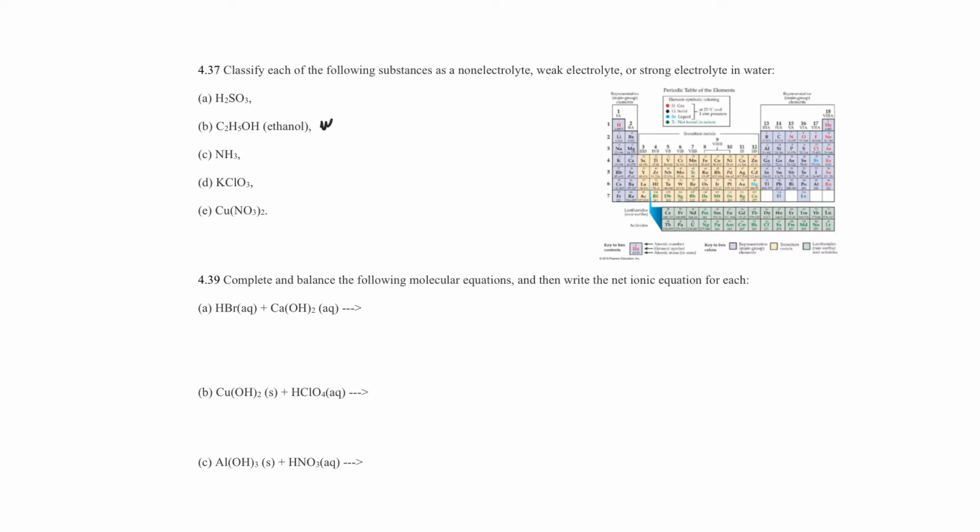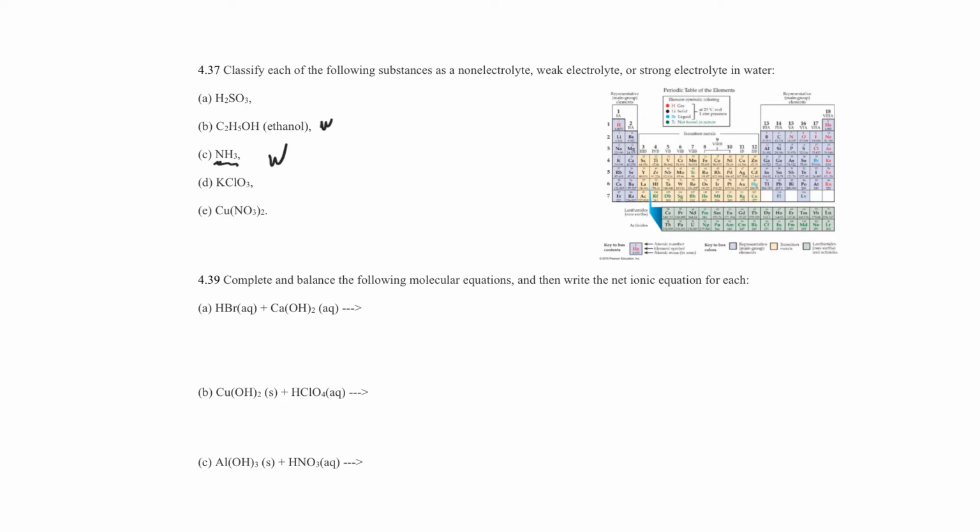So this is going to be weak. Also, you will, as you work with this, know that ammonia is a base. Ammonia can grab an H plus and turn into ammonium, NH4 plus. Since this is a base and it's not one of these guys, it must also be weak.